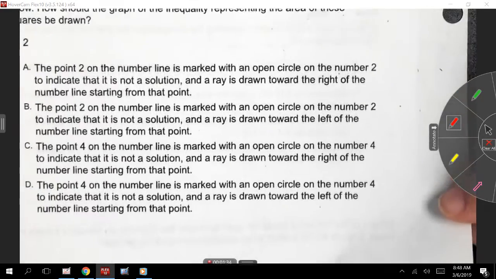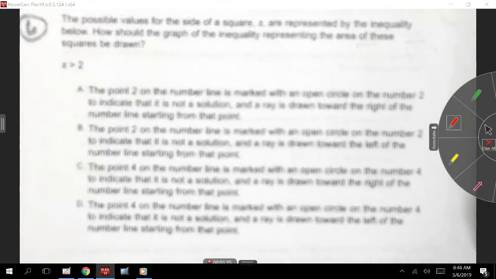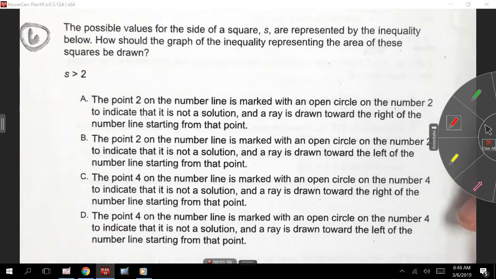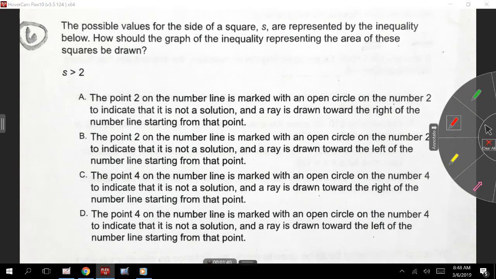So for number 6, it says the possible values for the side of a square S are represented by the inequality. So there's my inequality. How should the graph of the inequality look? So guys, when we graphed inequalities, it was a long time ago.